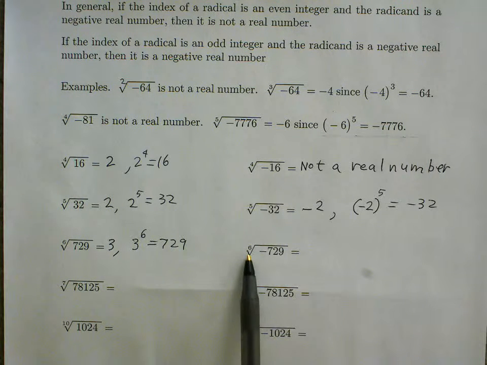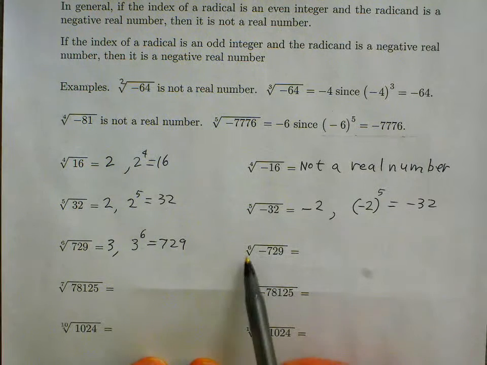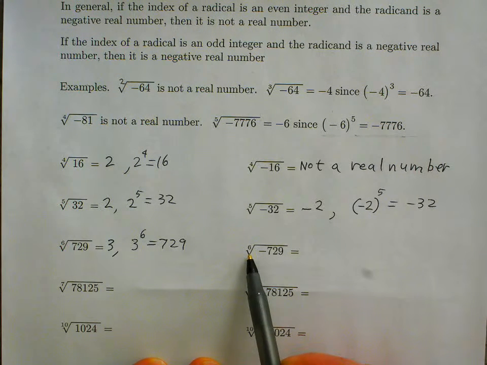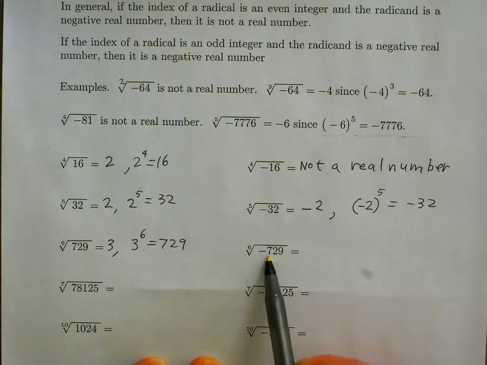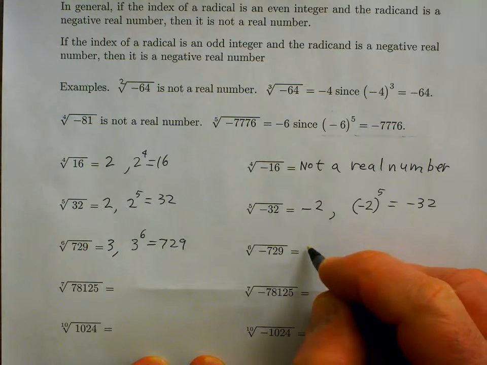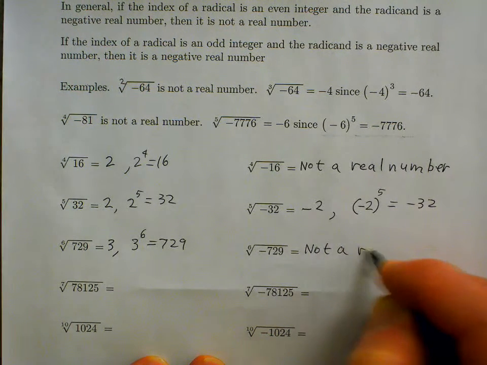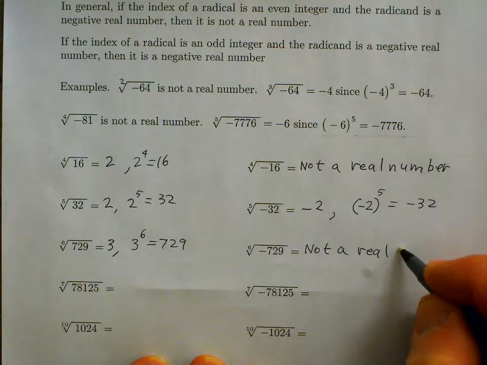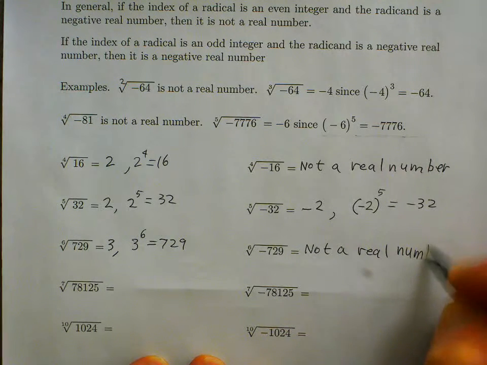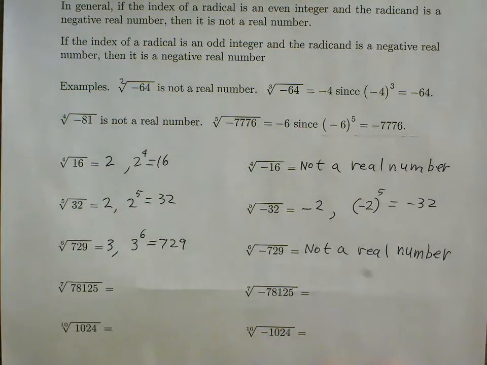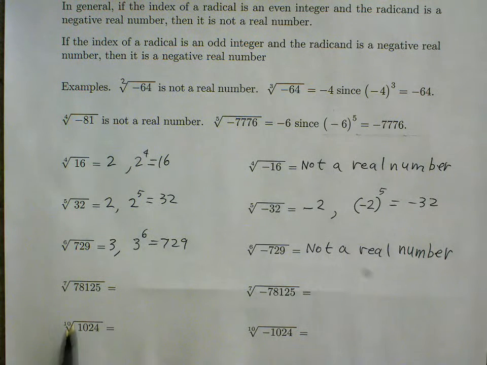Okay, the sixth root of negative 729. It's not a real number. The index is even, and the radicand is negative. So it is a number, it's just not a real number. So for now, we just identify them as not being real numbers.